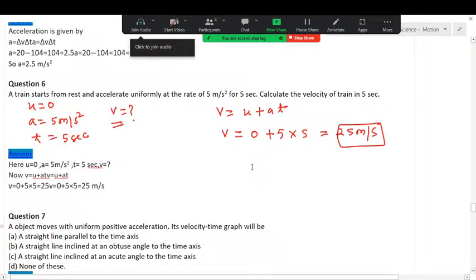Okay, the 7th question is there in front of you. We will solve a few questions today, and then we will start with a new topic. Read the question and tell me the answer.